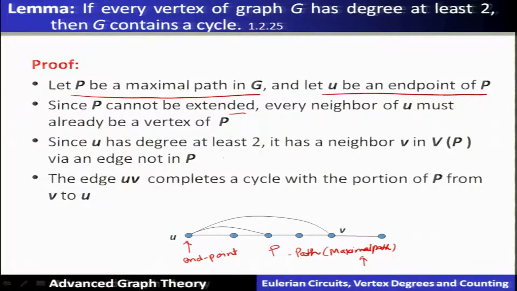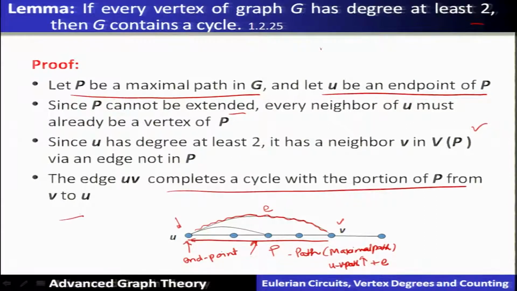Now, since U has degree at least 2 from the statement, it has a neighbor, let us assume V, on the path via an edge which is not in P. This particular edge is not there in P. Hence, this edge UV, which is incident on U to increase the degree to 2, together with the portion of the path P connecting U and V, will form a cycle.